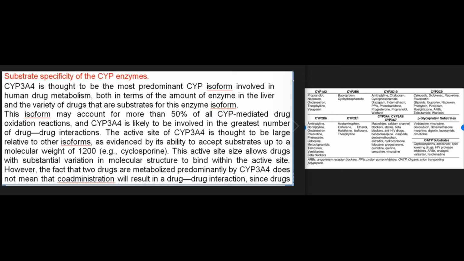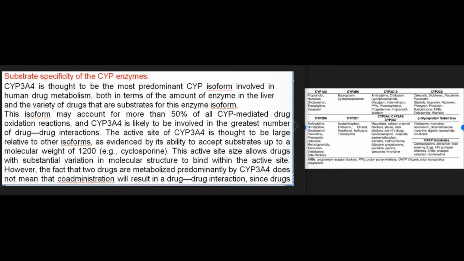CYP3A4 is thought to be the most predominant CYP isoform involved in human drug metabolism, both in terms of the amount of enzyme in the liver and the variety of drugs that are substrates for this enzyme isoform. This isoform may account for more than 50% of all CYP-mediated drug oxidation reactions, and CYP3A4 is likely to be involved in the greatest number of drug-drug interactions.